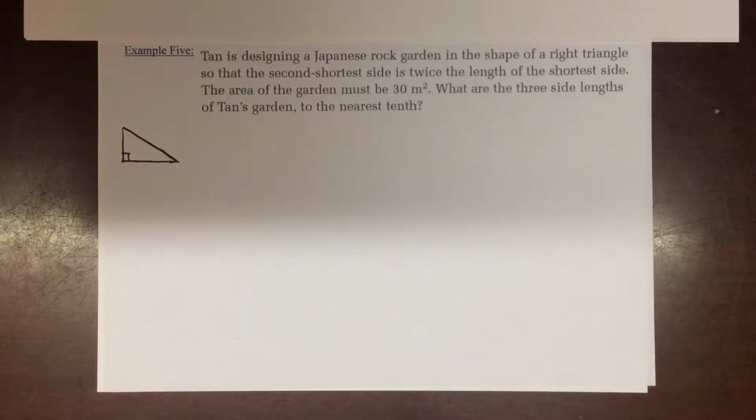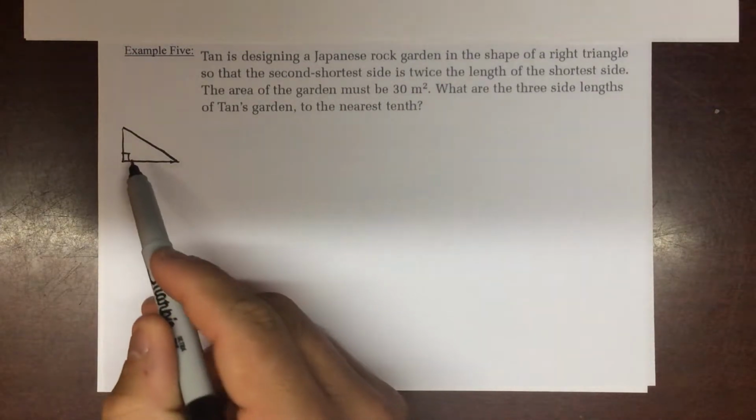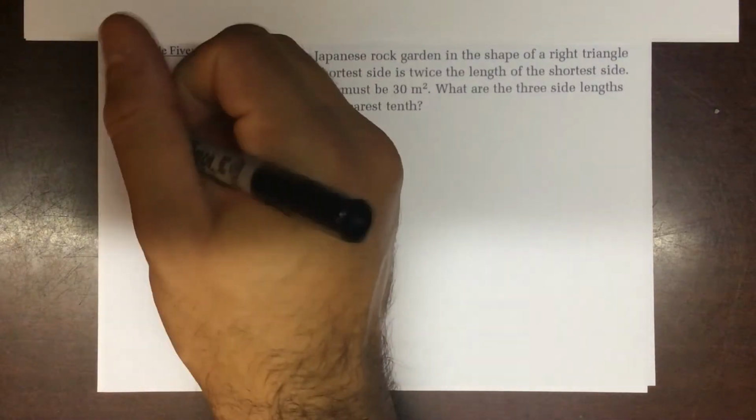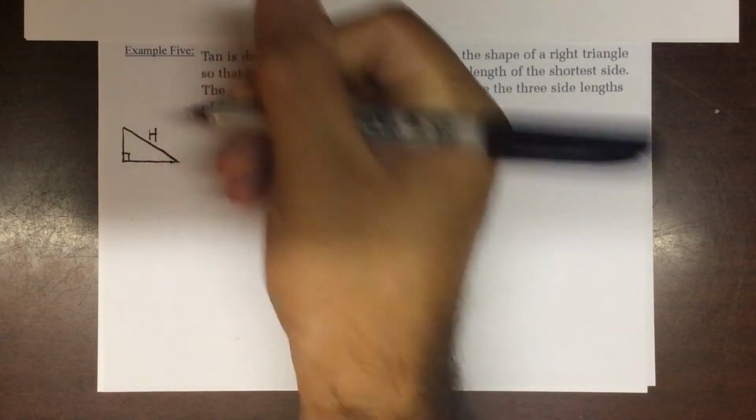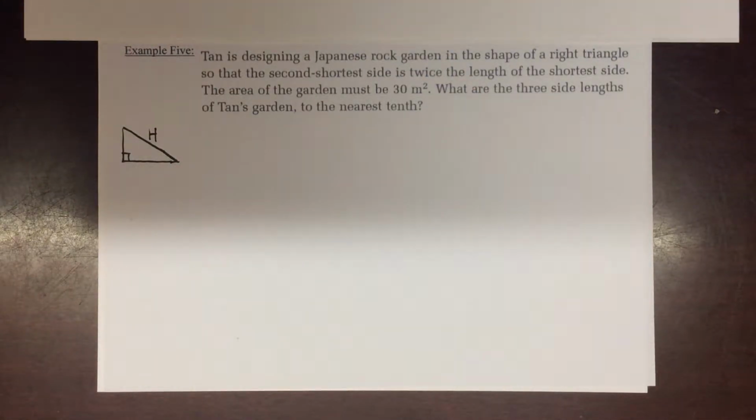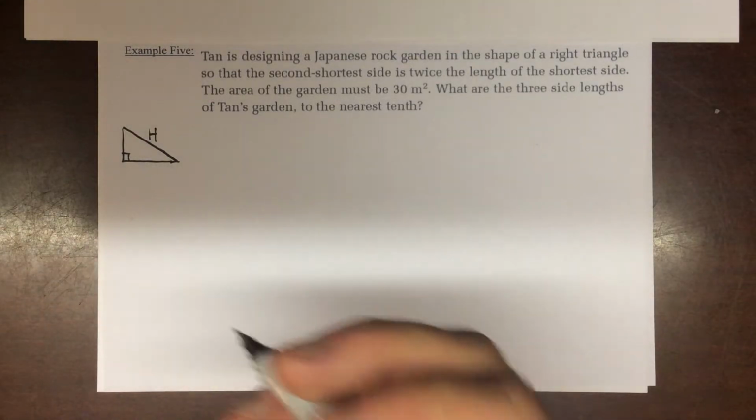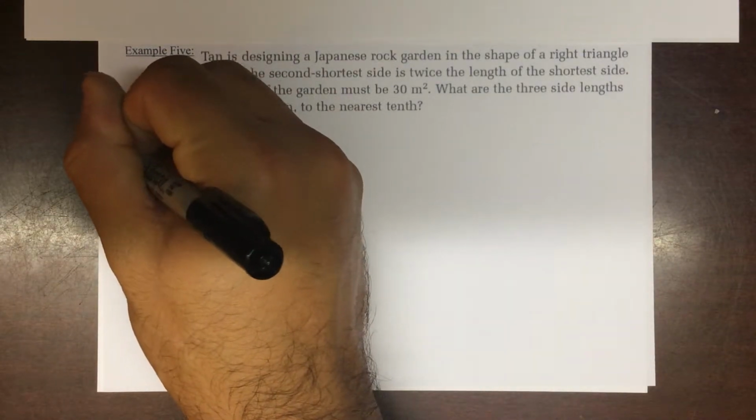Now, you should remember from grade 8 that when we have a right triangle, the longest side of a right triangle is the hypotenuse. Okay, the hypotenuse is the side across from the right angle. I'm going to label that as H. The shortest side then, based on my diagram here, we can say is here.